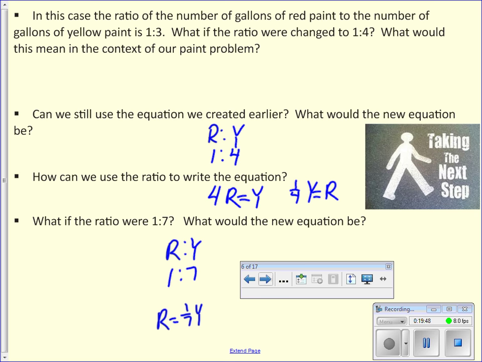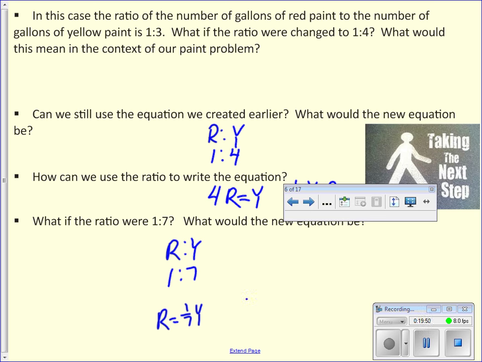What do I have to do to my red to equal yellow? What do I have to do to my red to equal my yellow? Divided by 1/3? No. Nope. If I have 1 red, how do I get 7 yellows? Right. So somebody has those cards. Check your cards. Somebody has them.